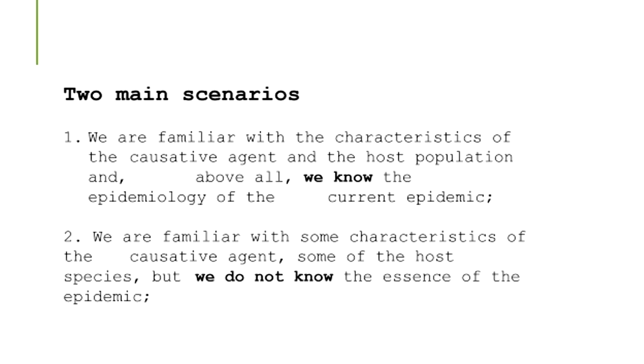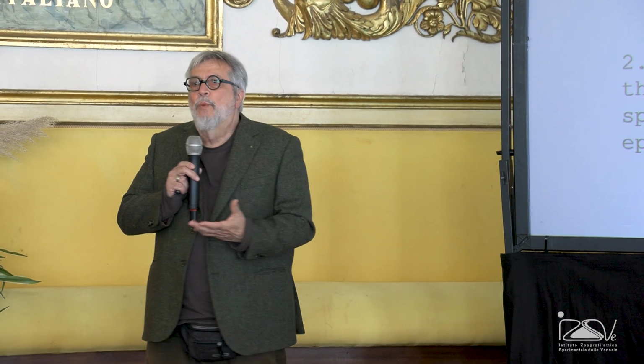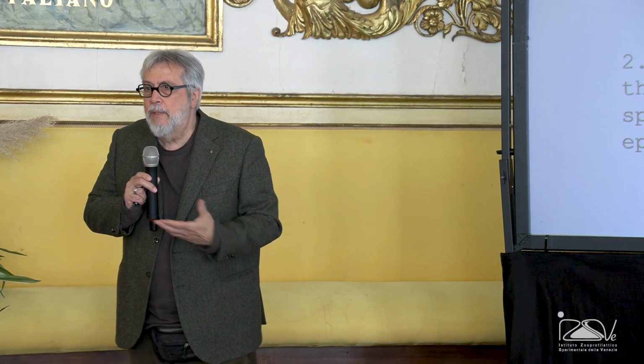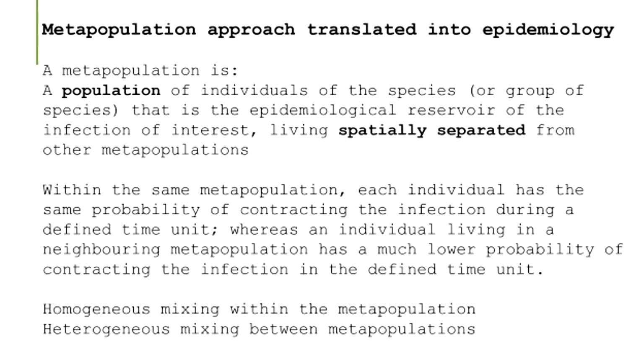The other scenario is the opposite. We do not know the essence of the epidemic. We know that we are under an epidemic, but we don't know exactly what we are facing. We know that there are problems. And this is quite typical in wildlife.